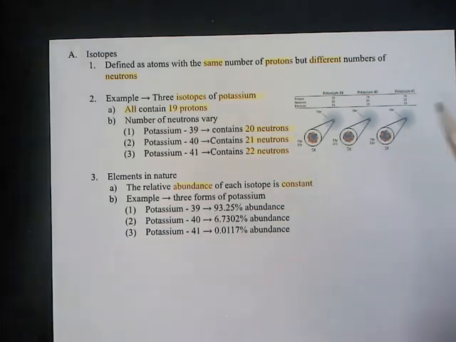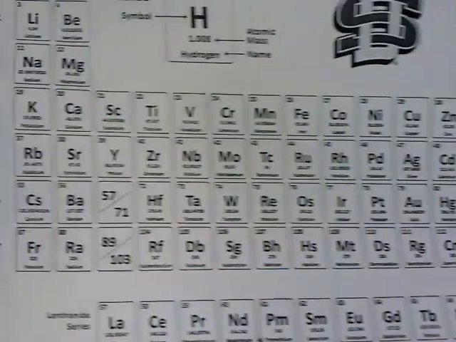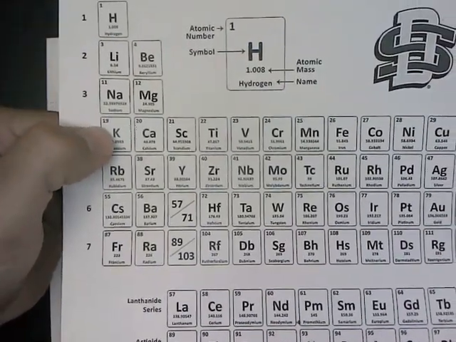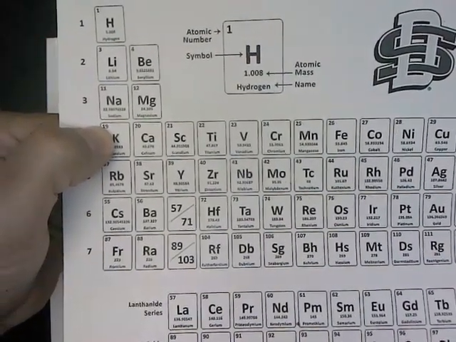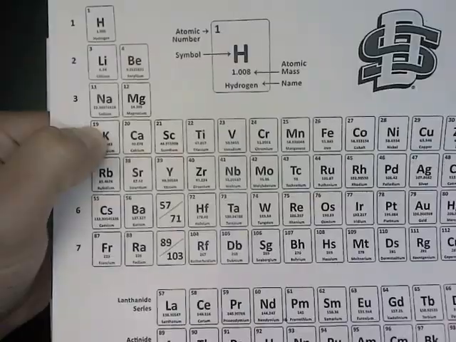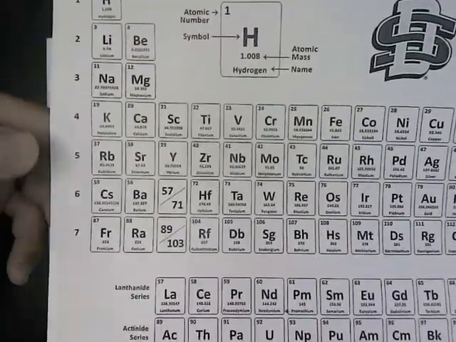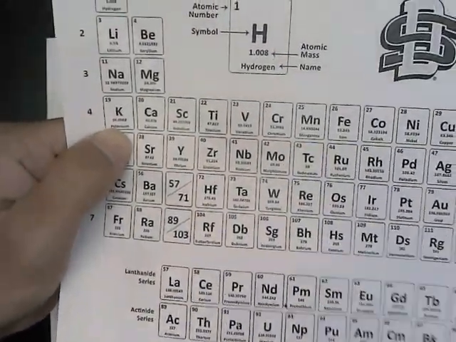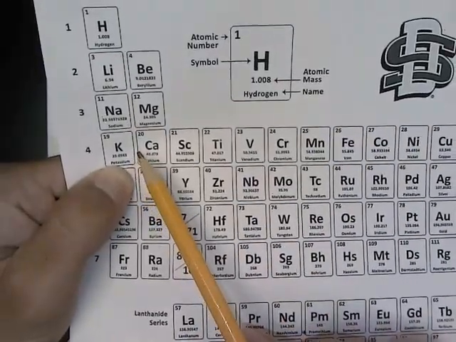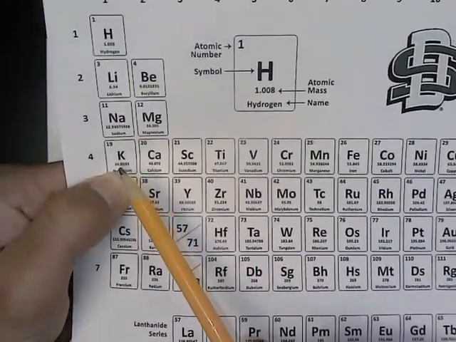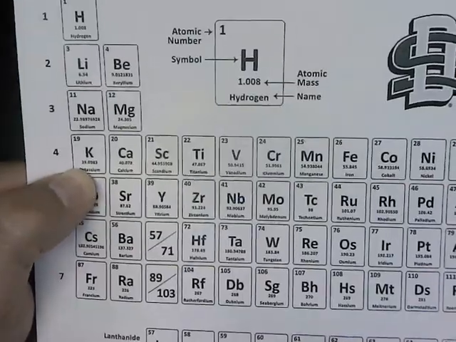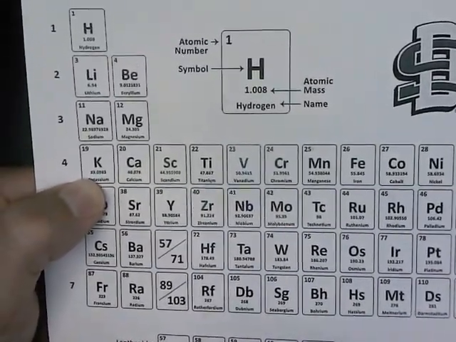The other thing that I want you to notice is this. If we take a look on the periodic table, we find potassium, which is element number 19, the atomic number 19 and the number of protons. We also see another number here, and that is the atomic mass. Okay, so the atomic mass is this decimal number.